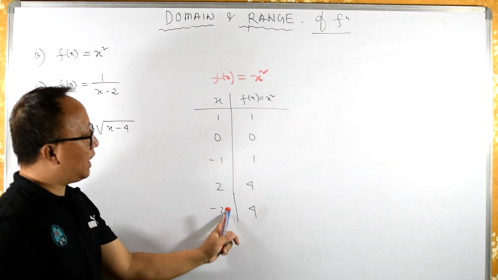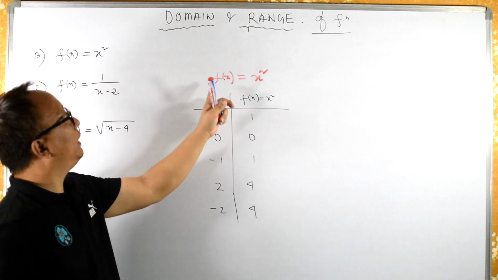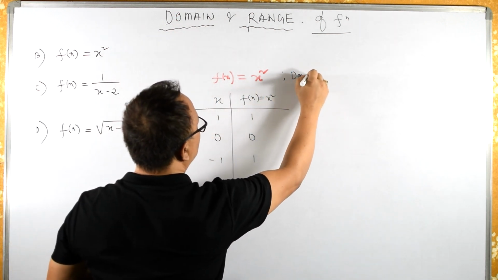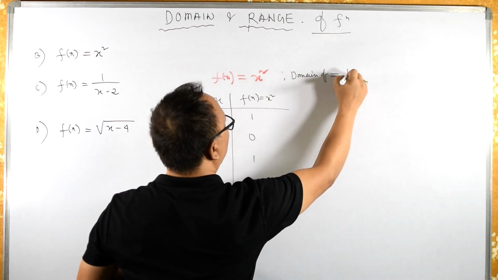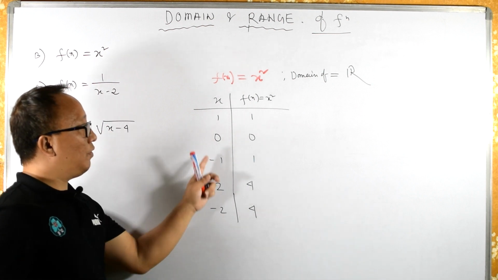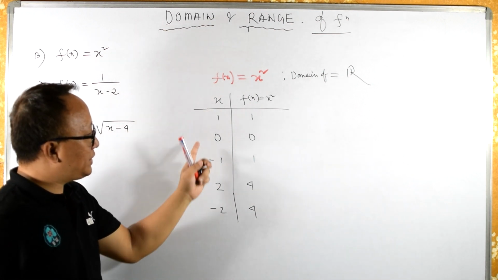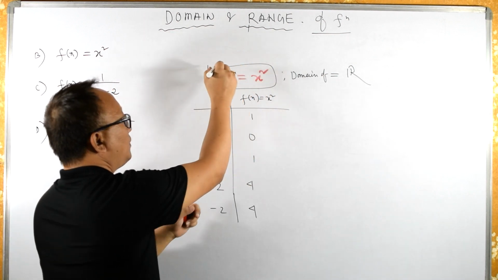These are the inputs of x. Therefore, the domain of this function is all real numbers, the set of real numbers, for f of x equals x square.